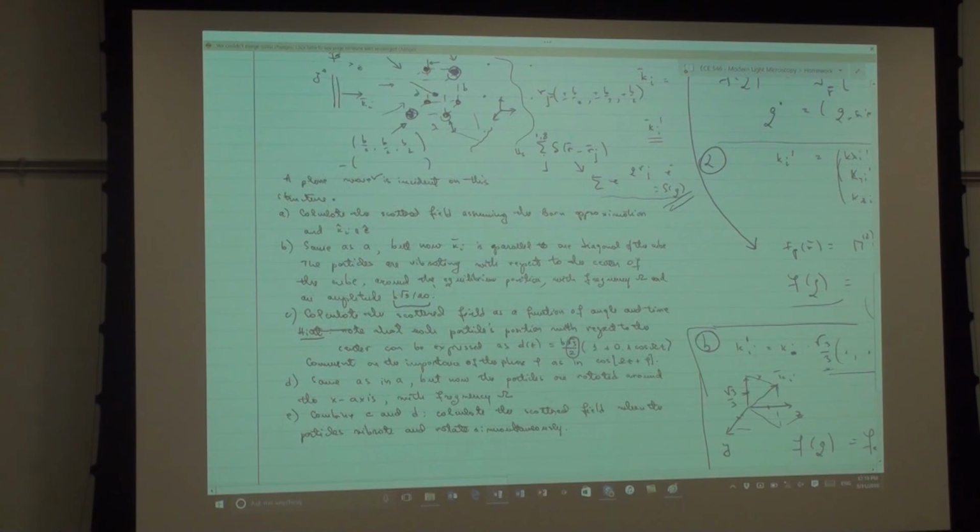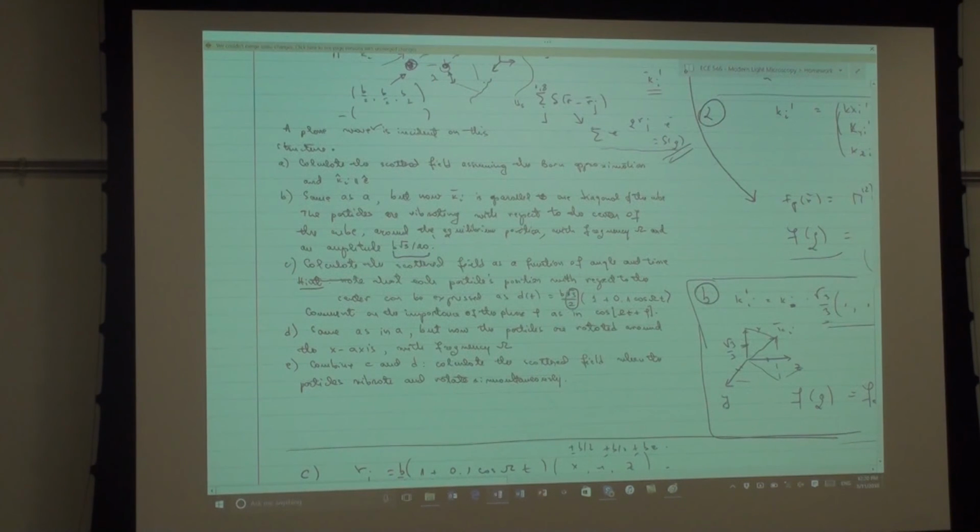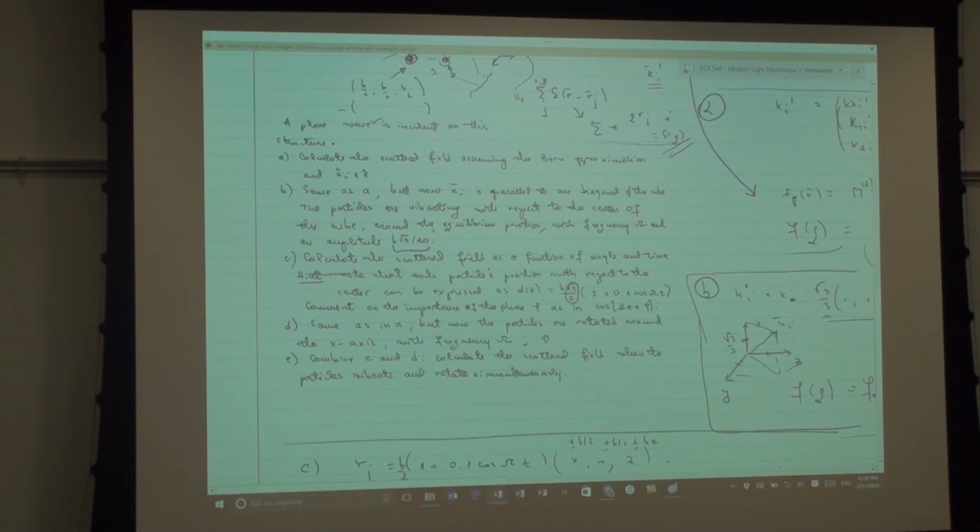If you rotate your cube, it's no different than before. You just write your theta as omega prime t, which should be a different omega probably, and you do that rotation of coordinates like we did before and compute everything. And I think that's where people really gave up, in combining the two.